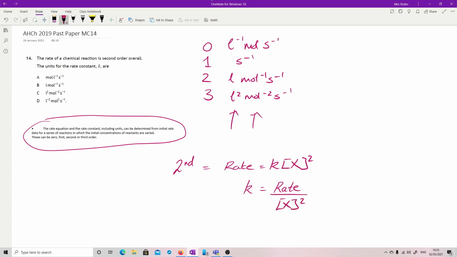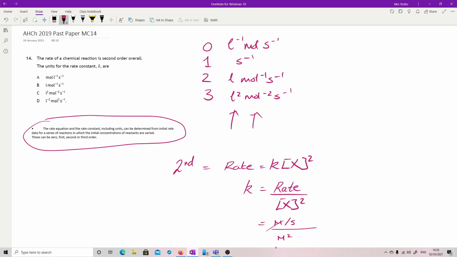Our rate is going to be in concentration per second, so molarity per second, and then our concentration below is going to be molarity squared.